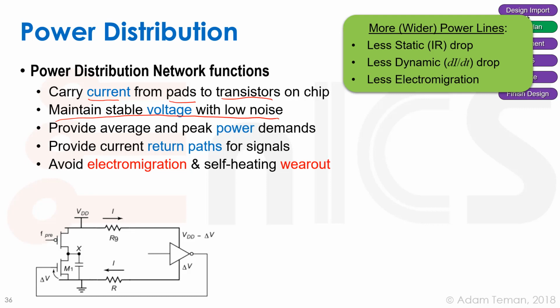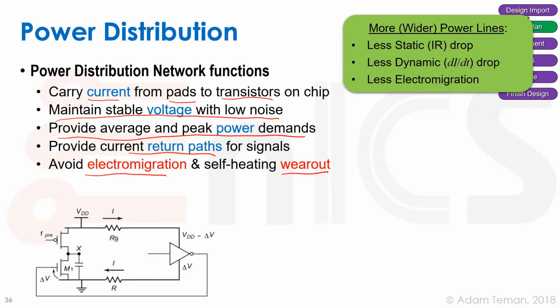So we want to have VDD, we want to have ground, we don't want to have all kinds of other values there, or else all of our static timing analysis will be wrong and our analog blocks won't operate like we simulated. We want to be able to provide average and peak power demands. We want to provide return paths for the signal current, and we have to avoid electromigration and self-heating wear out.